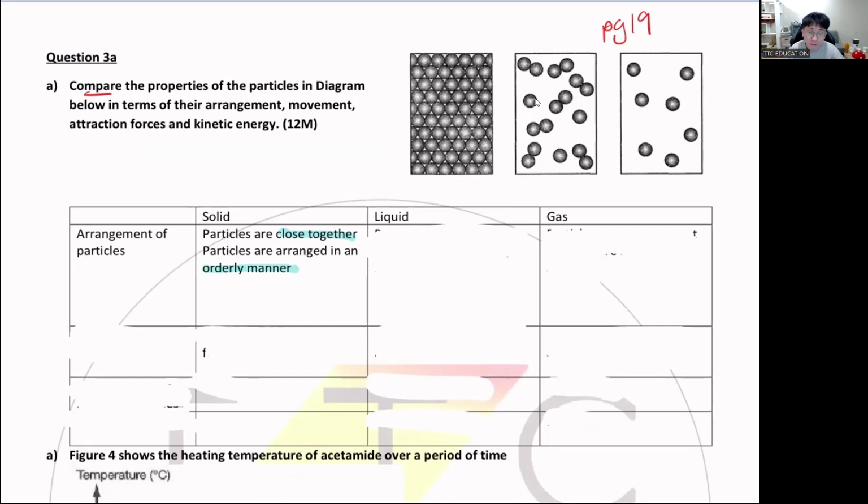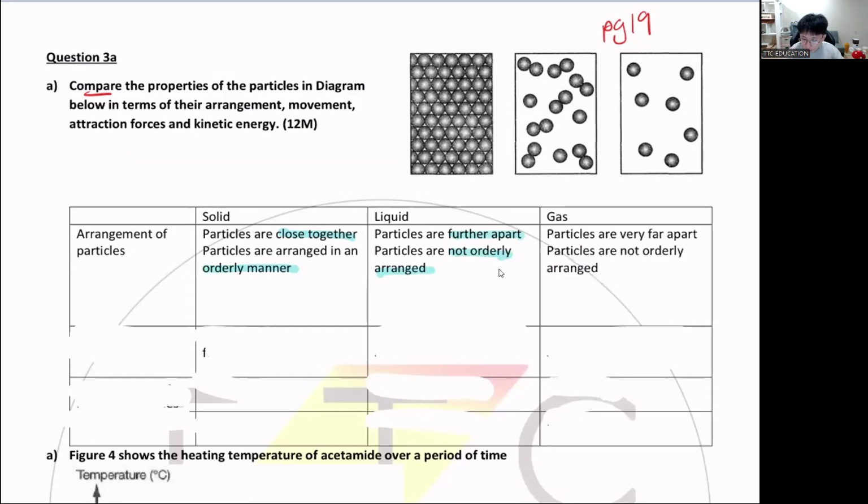I would say it's kind of far apart already. Then are they orderly? No. So we can say in random manner, or we can say not orderly arranged. So further apart, not orderly arranged. While gas is very far apart and random arrangement. So you can say again not orderly arranged, but you use the word very far apart.